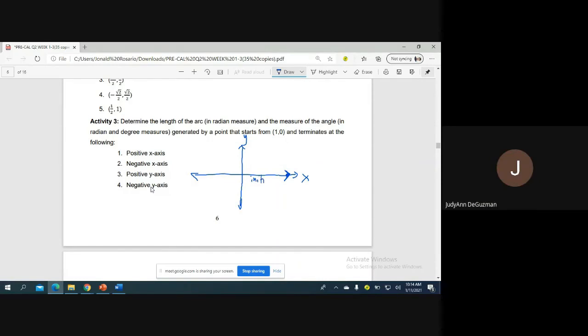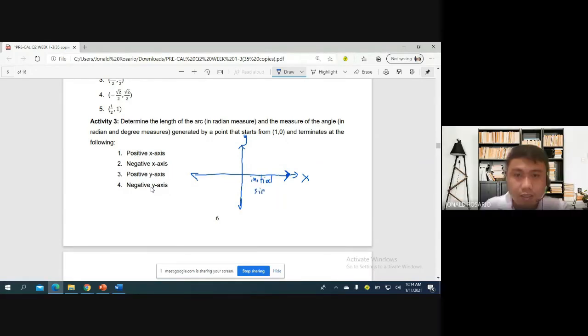And terminates at the positive x-axis, so dito pa rin siya. Ito yung initial side, ito yung terminal side.